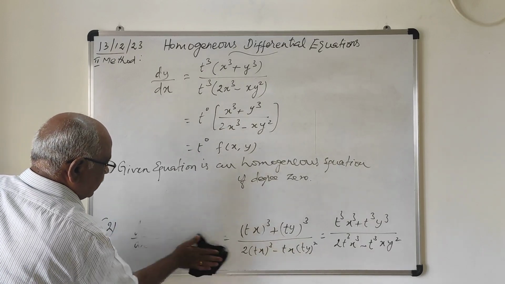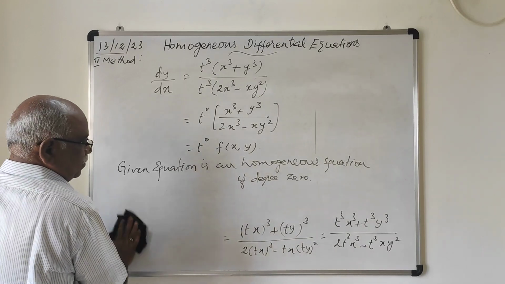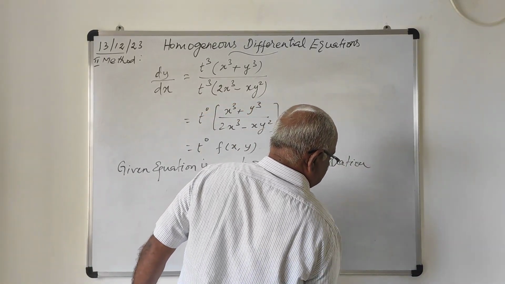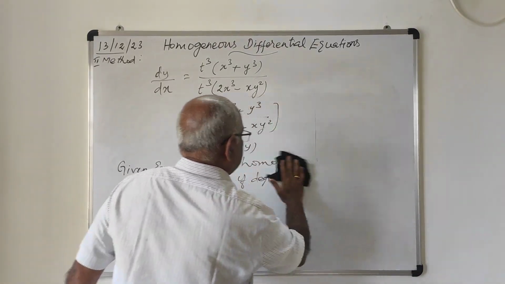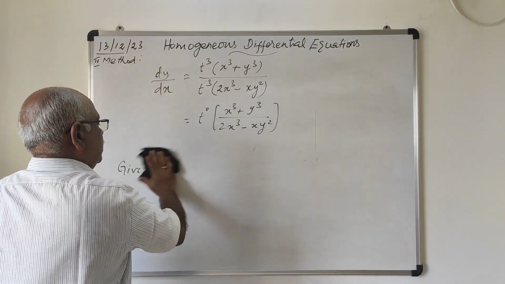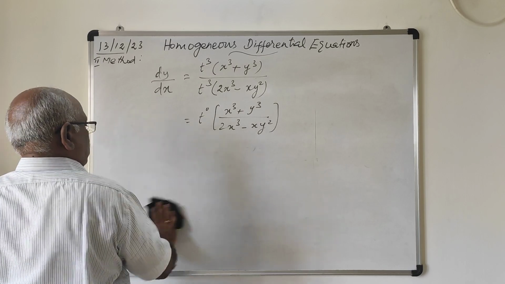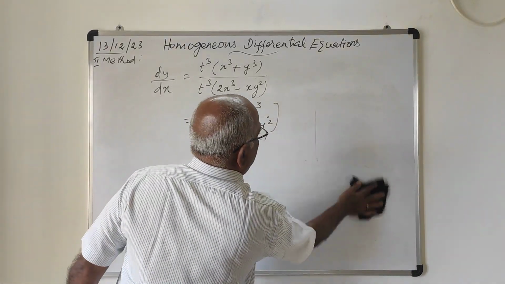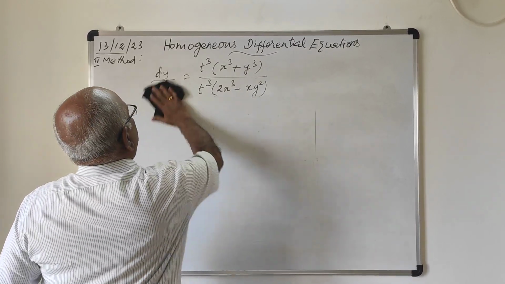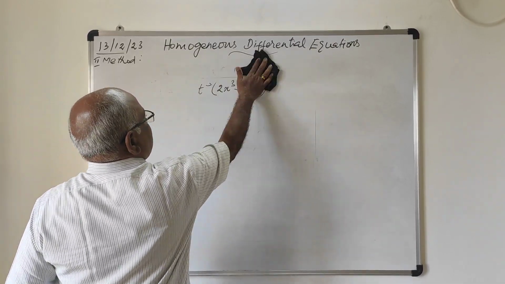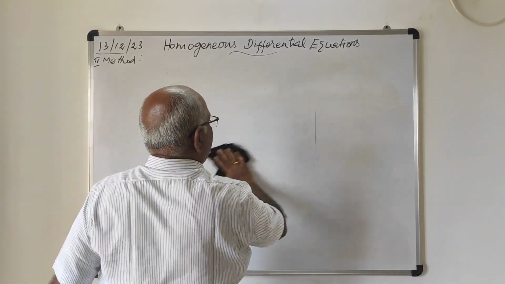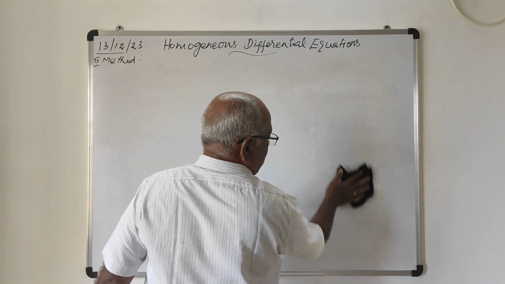So, next, before going to solve the problems, I am going to give one more example. Non-homogeneity: homogeneity fails in an equation. I am going to give an example for a non-homogeneous equation.